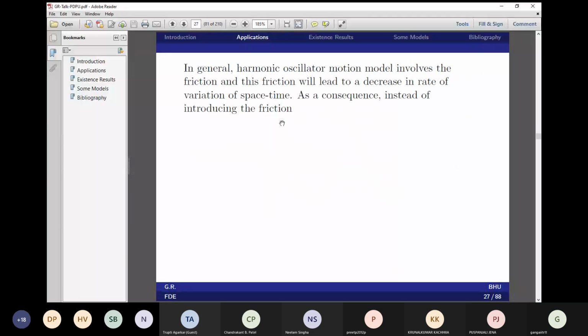In general, taking alpha in place of order 2. In general, the harmonic oscillator motion model involves friction, because when we take the bob in the atmosphere, then for some time it will come to the rest position, and this friction leads to a decrease in the rate of variation of space time.